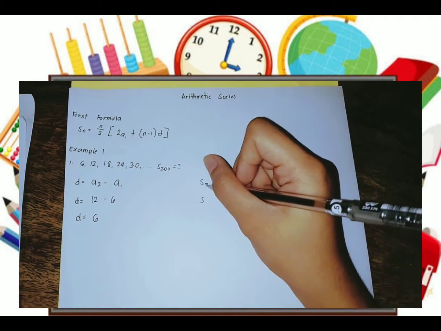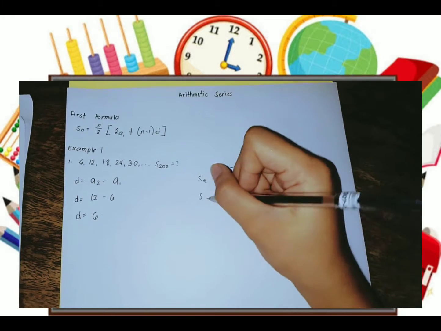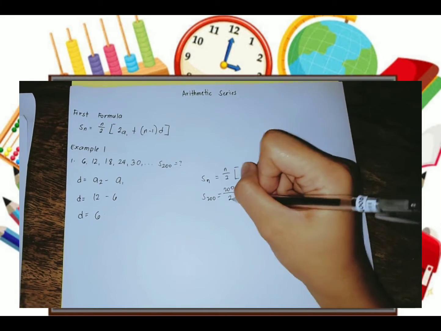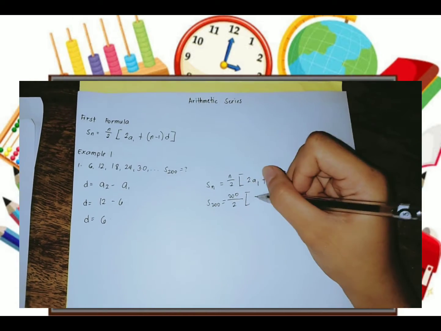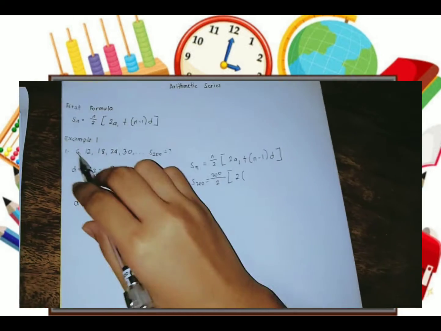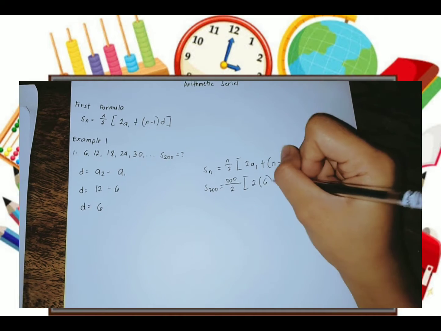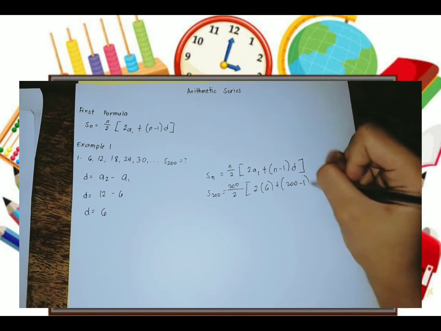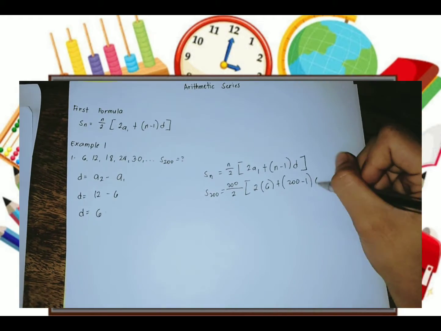Our n we change into 200 because n is our last term. Our a sub 1 is 6, plus our n, 200, minus 1, and our d is 6.